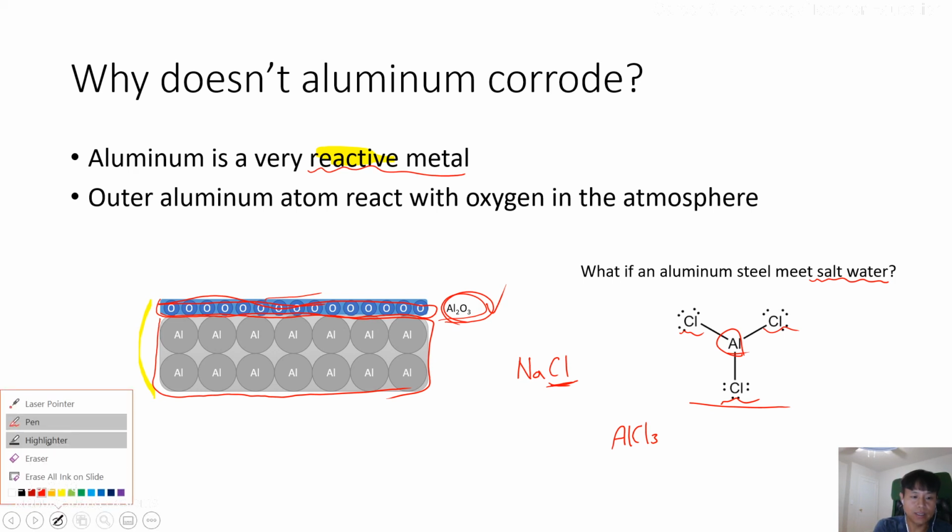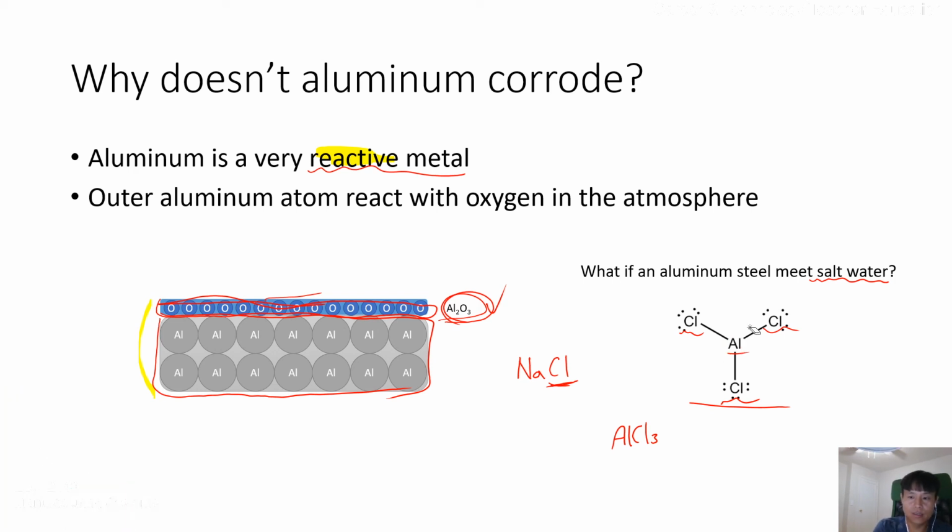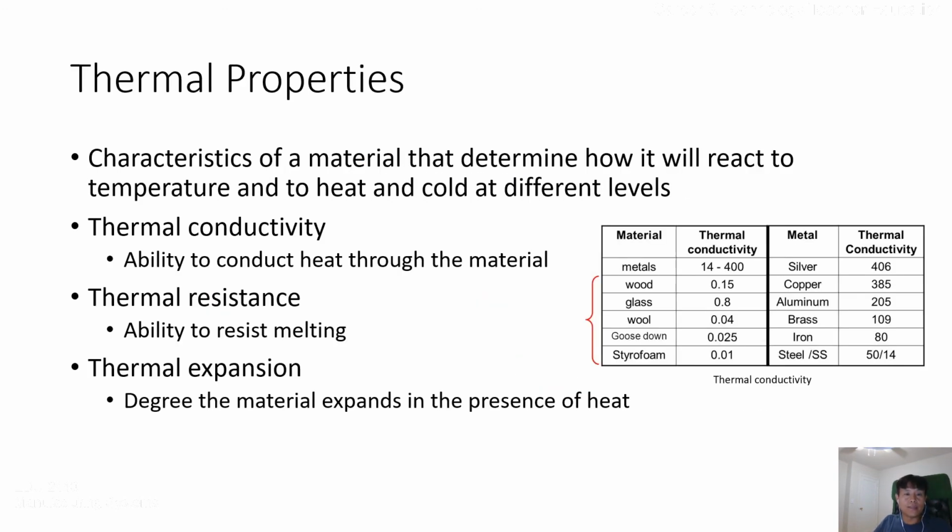Let's say here, these are electrons. Aluminum has three electrons. So these electrons combine with chlorine. That's covalent bonding.